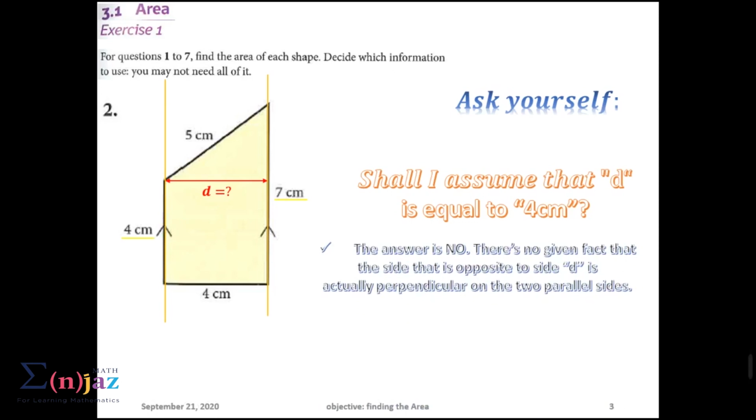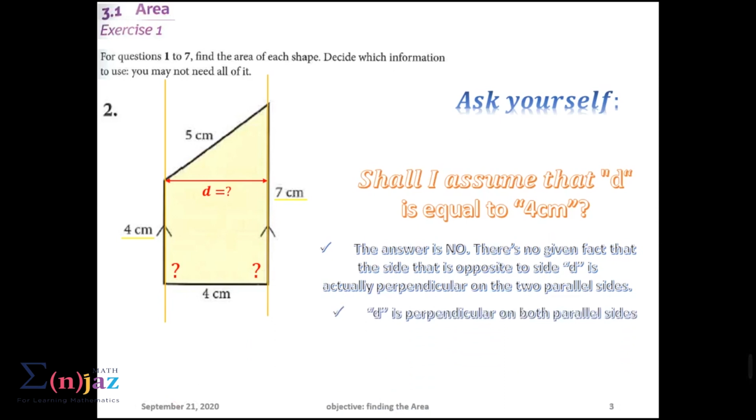So the answer is no. There is no given fact that the side opposite to D, which is the 4 centimeter, is perpendicular to the two parallel sides. Meaning we don't know if this angle here is 90 and this angle here is 90. There is no given information telling us so.